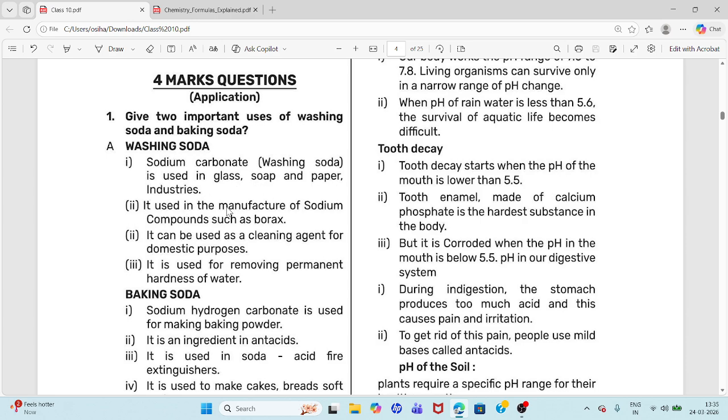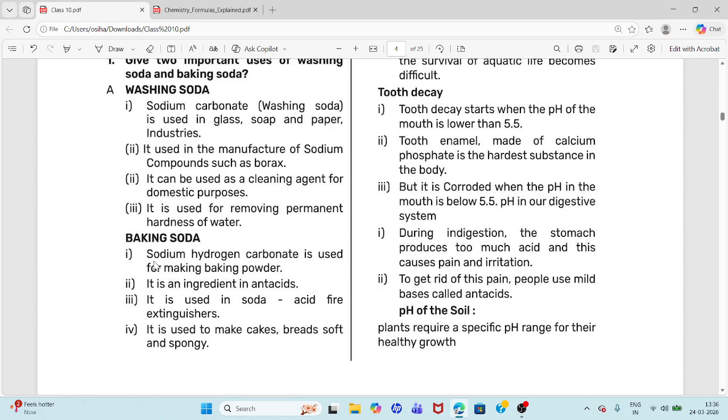Second point, it is used in manufacture of sodium compounds such as borax. Third point, it can be used as a cleaning agent for domestic purposes. Fourth point, it is used for removing permanent hardness of water.